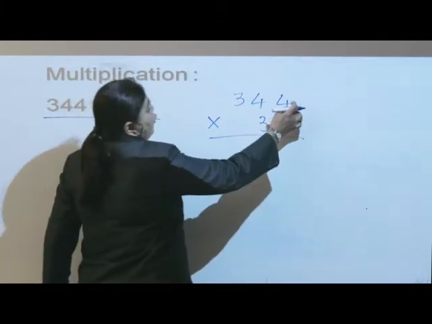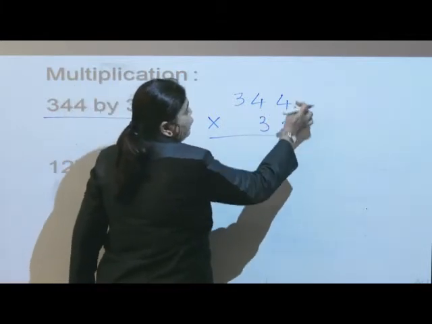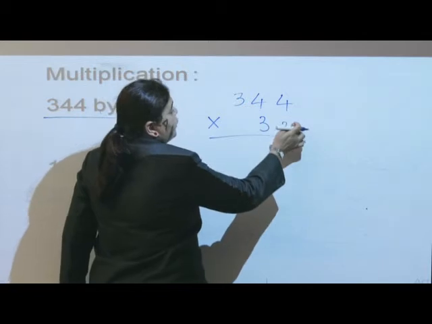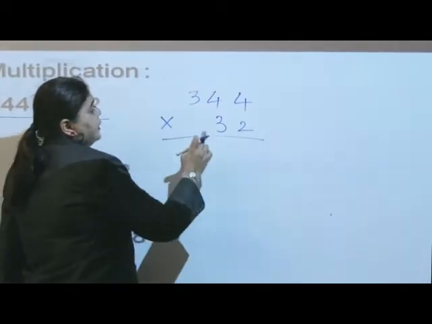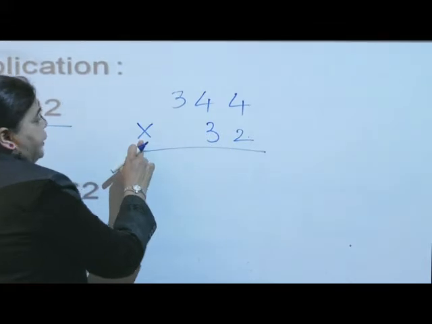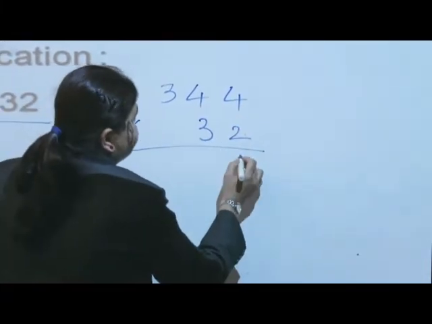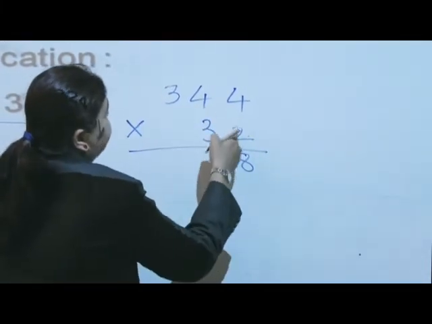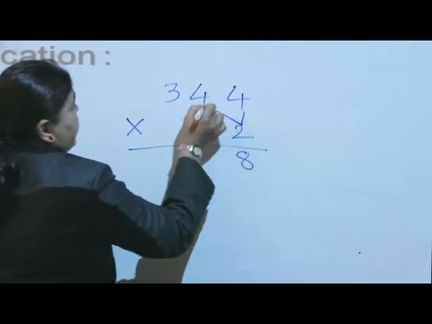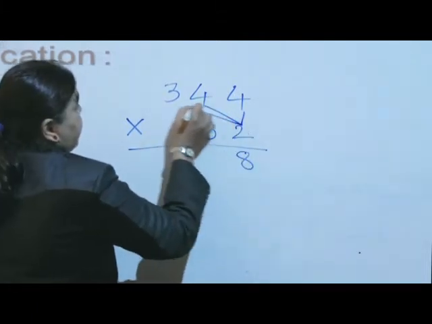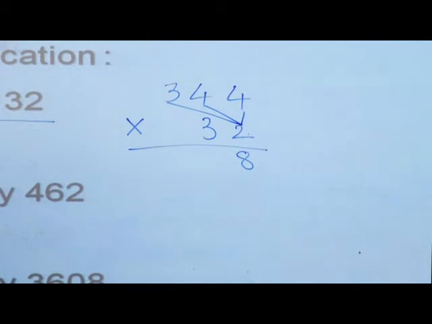Yes, 4 twos or 2 fours. When you multiply 2 fours or 4 twos, the product, that is the answer, will remain the same as it is a multiplication. So 4 twos are 8. First we will multiply the ones, then the tens, then the hundreds.